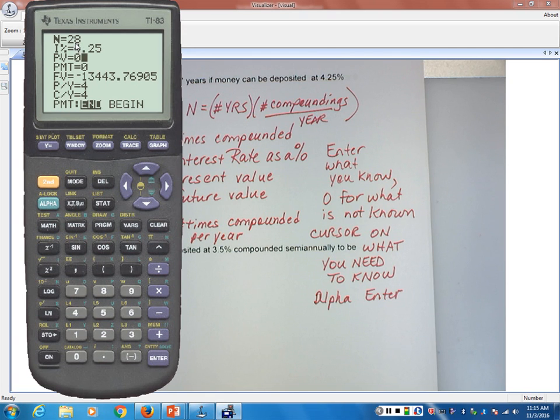You'd make a payment at the end of each quarter. And if I want to know how much that payment's going to be, I put my cursor on that zero and alpha solve. And it says if I deposited $414.78 at the end of every quarter for 7 years at that interest rate, then I would still have that same future value. Now, the thing that you need to remember is you're going to need to enter that future value as a negative because you don't have it yet. Okay, you're working on it.